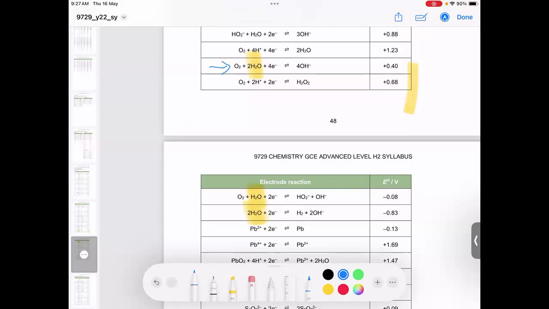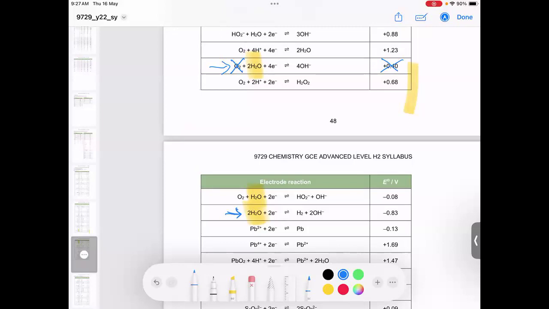Without the presence of air, O2 is not present, so you cannot choose this as your answer. So this is the only choice with water appearing on the left side. Am I clear on this?